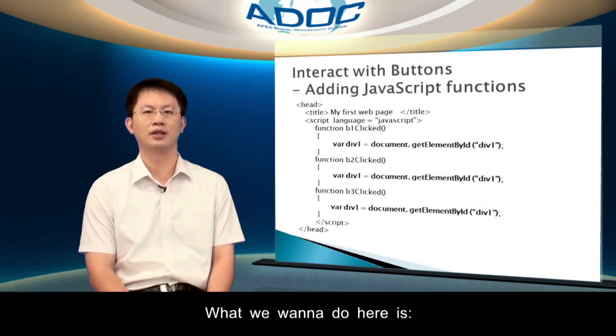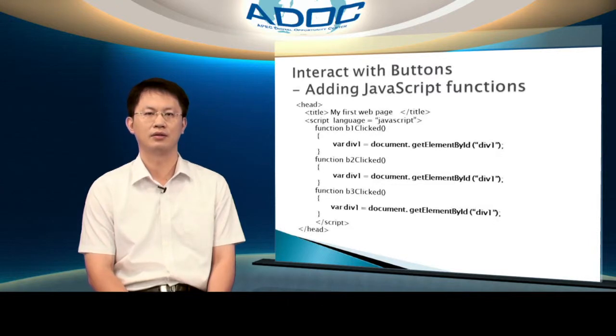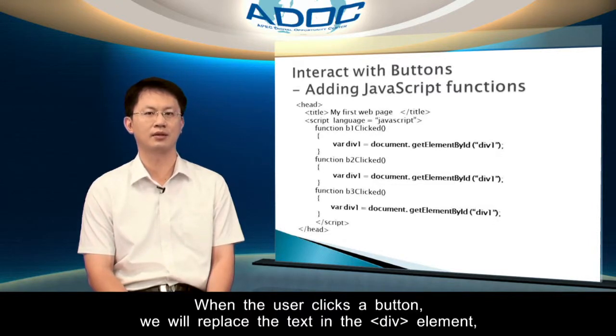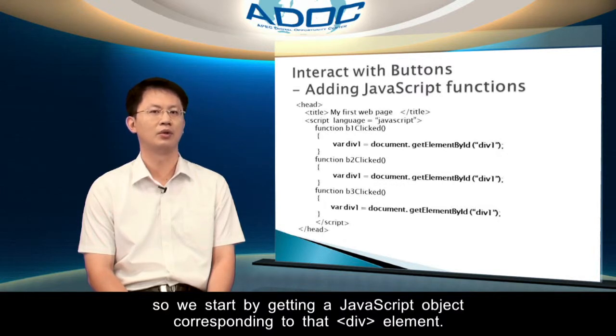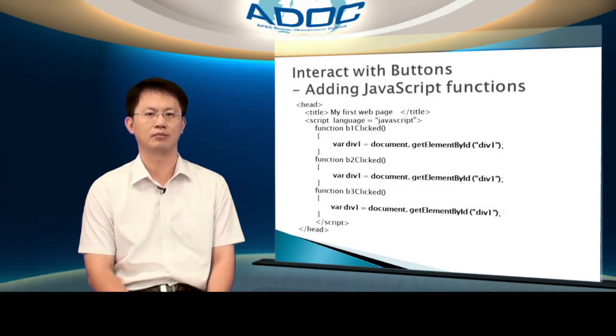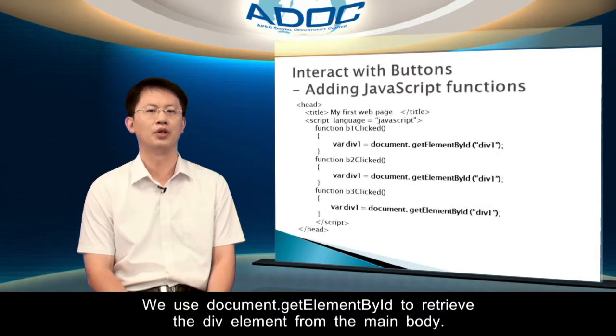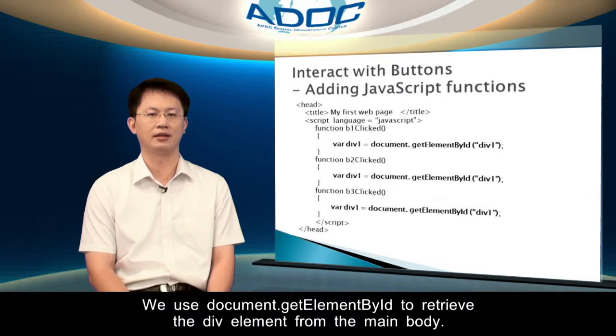What we want to do here is, when the user clicks a button, we will replace the text in the div element. So we start by getting a JavaScript object corresponding to that div element. And we use document.getElementById to retrieve the div element from the main body.